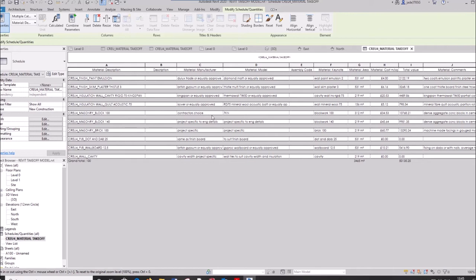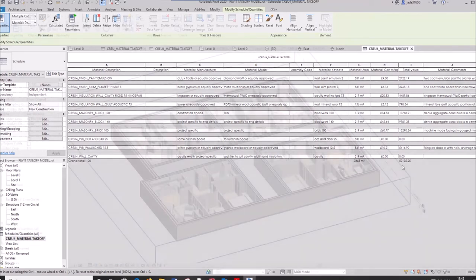But blockwork 100, for example, 7 kilonewton, 312 square meters in the model at the moment, at £34 is 10,768. So we've got a superstructure cost figure of just over 50,000 already.